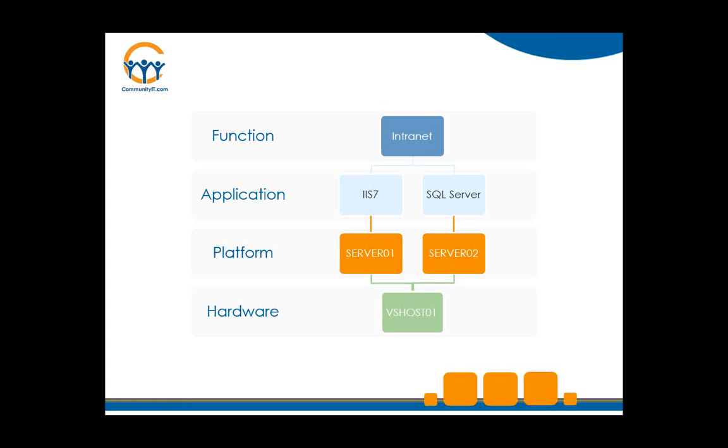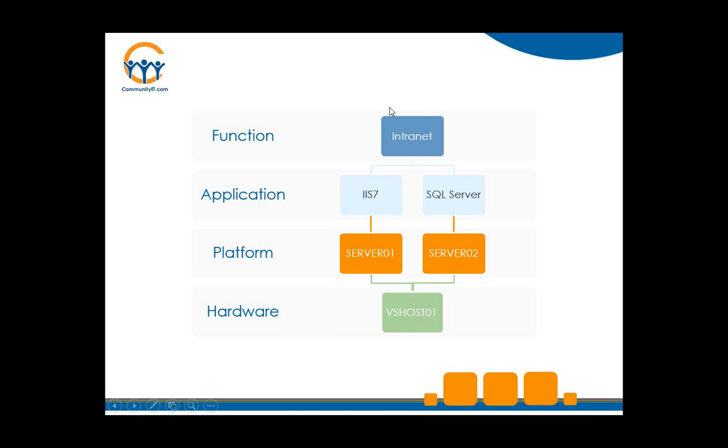Perhaps you have an IIS server, a web server that has some information on it, and then maybe you have a SQL server that is also part of the intranet. Well, those applications are now on different platforms. So even though it's just the intranet, there's two different applications, on two different servers, and that's physically on one piece of hardware.